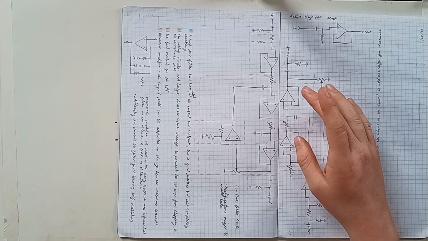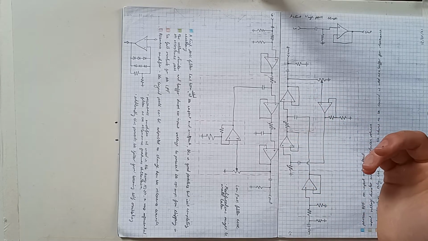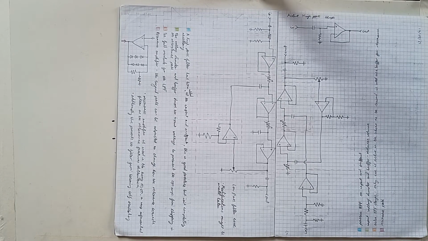But there is a slight way to get around it, and that's using something called a Vactrol. And a Vactrol uses LEDs and light-dependent resistors.